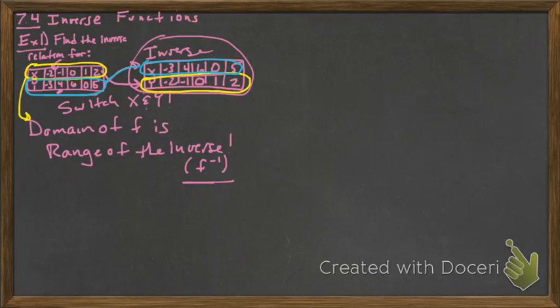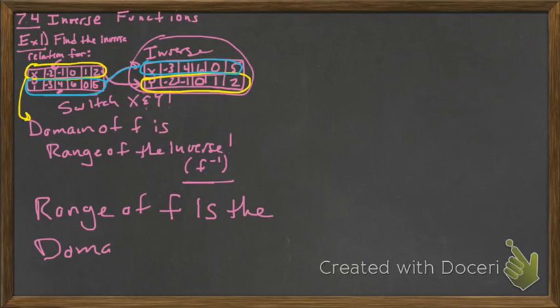So the x and y get switched, and what I'm telling you is that the range of f, let me rewrite that, got scribbly, we're in a hurry. The range of f is the domain of the inverse function. Okay, so that will come into play a little bit later on when we start looking at the domain for these inverse functions.